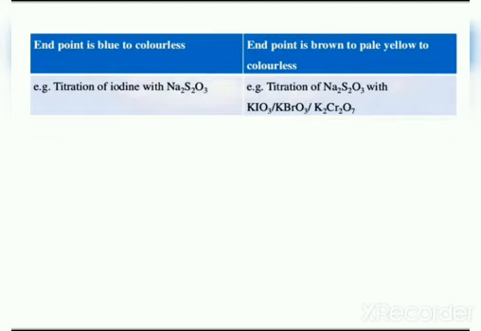For example, titration of iodine with sodium thiosulfate for iodimetry, and for iodometric titration, sodium thiosulfate with potassium iodate, potassium bromate, and potassium dichromate. These are some of the examples for iodimetric and iodometric titrations.